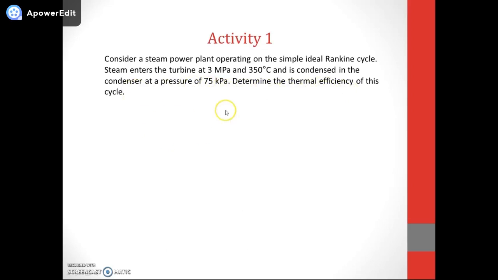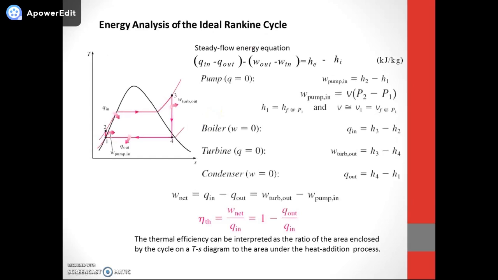Thermal efficiency equals Q in minus Q out over Q in. But how to get that? How to get Q in minus Q out? You need to find the Q in first. In order to find the Q in, you need to find the H3. So how to get the H3?